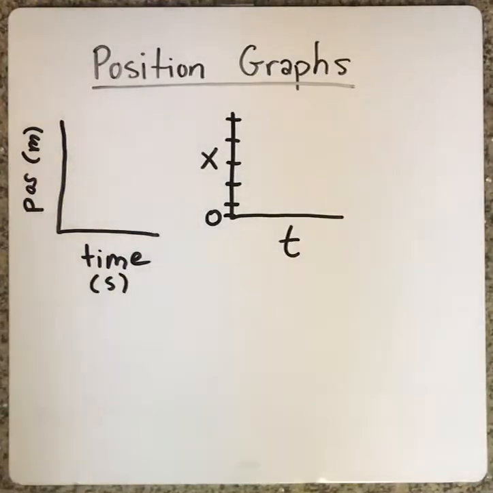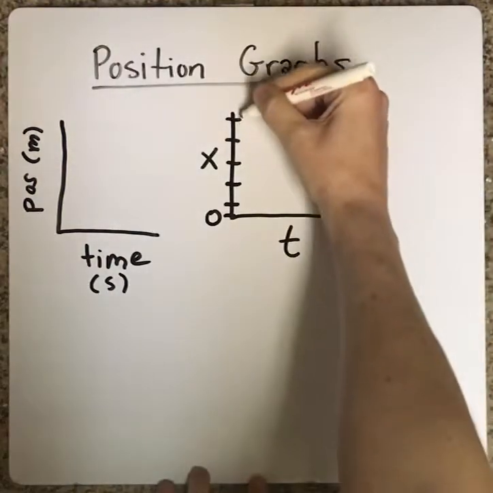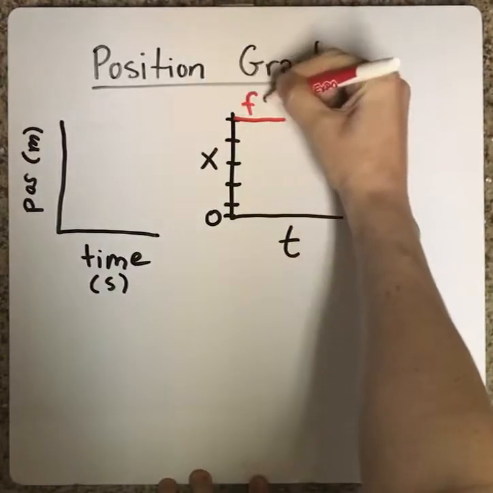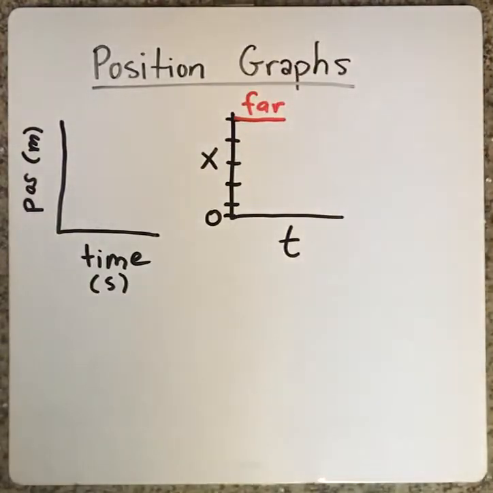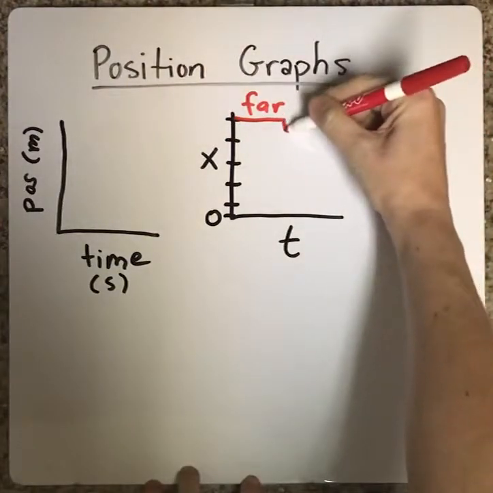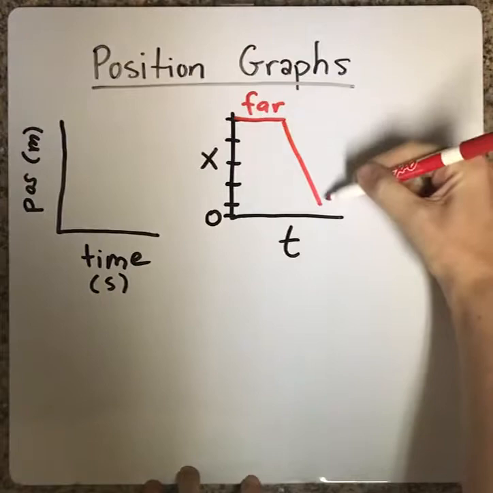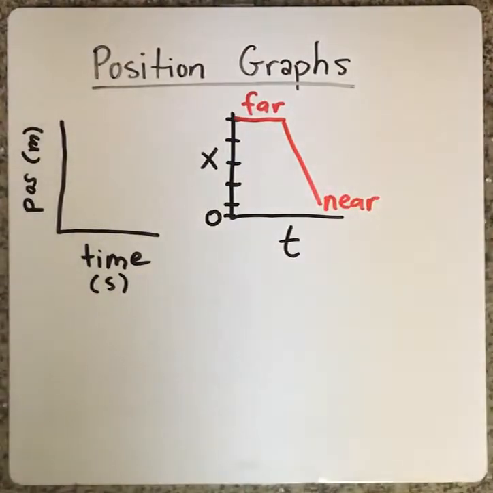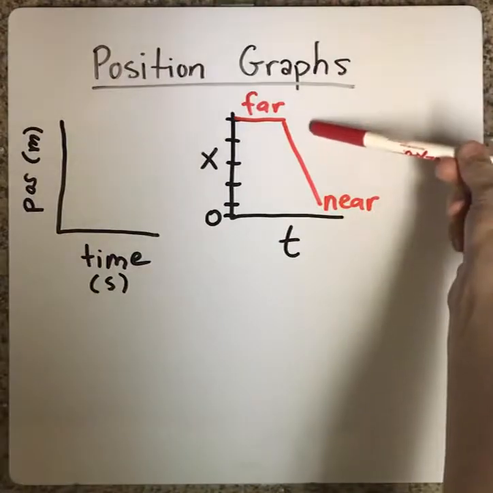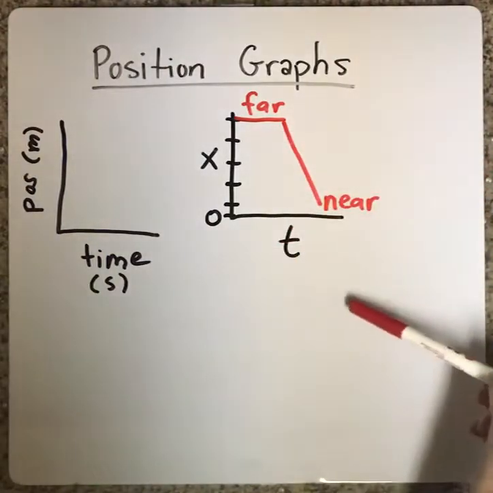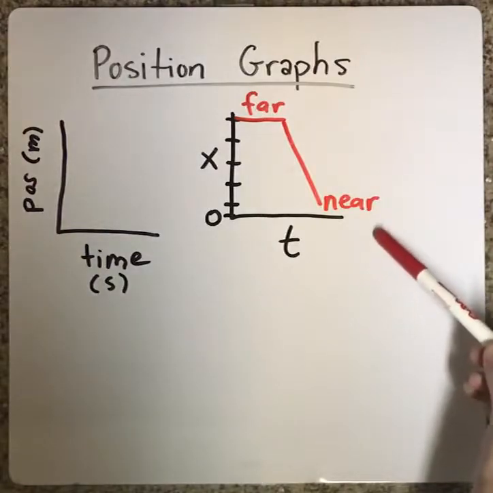If the graph is drawn high above 0, that means that the object is far away. And as the graph comes down closer to 0, it means that the object is getting near the reference. So again, the top of the graph, that's far away, and down near the axis, that means that you're close to the reference, or near.